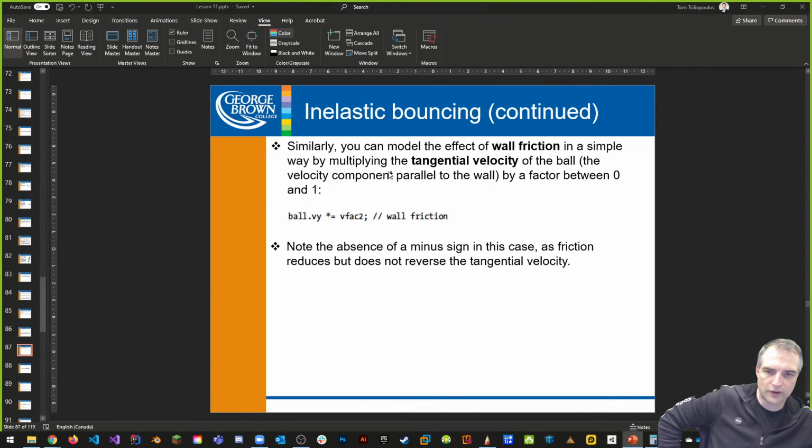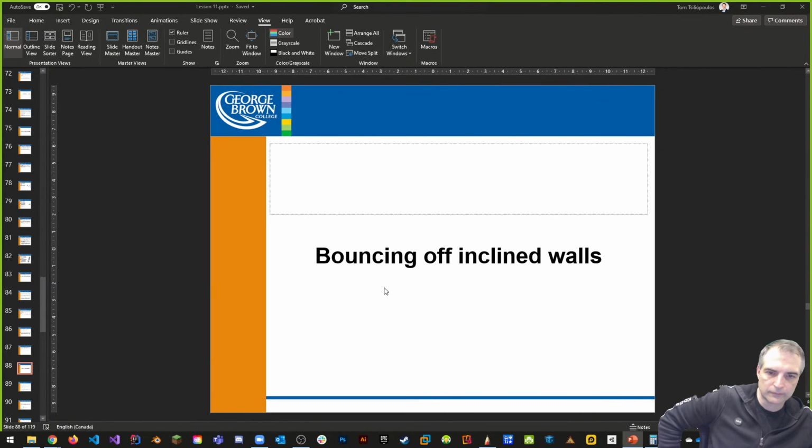Okay, so we talked about energy loss. Let's think about incline walls and how that can work. We talked about walls that are horizontal or vertical. That's the simplest case. But what about incline walls? That's going to be more challenging because the incline is not on the x-axis or the y-axis anymore.